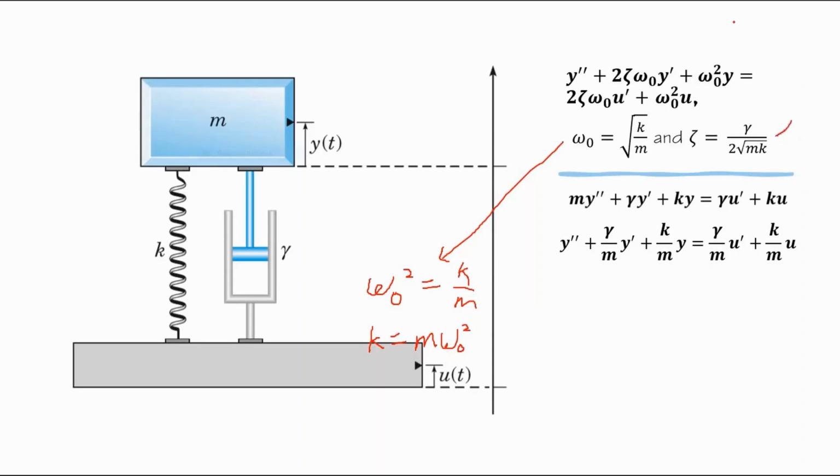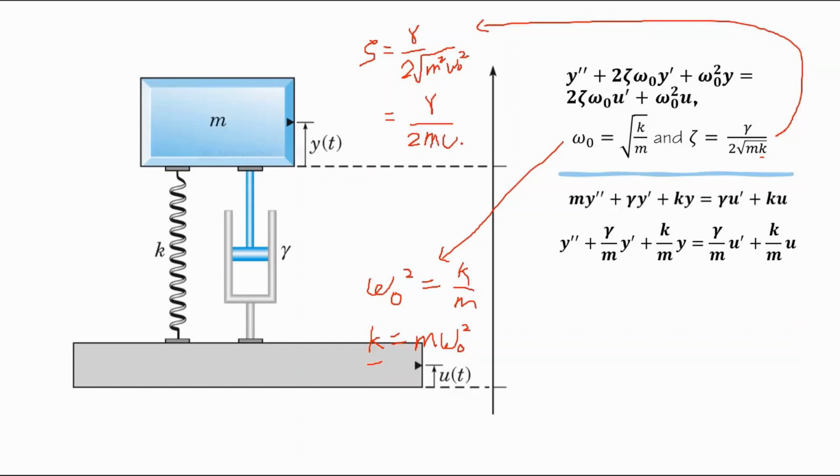So for the zeta, let's do it right here. I'm gonna substitute k with this k. So we have zeta is equal to gamma over 2 times the square root of m times m omega naught squared. So that will be m squared and then omega naught squared, which will be gamma over 2m omega naught.